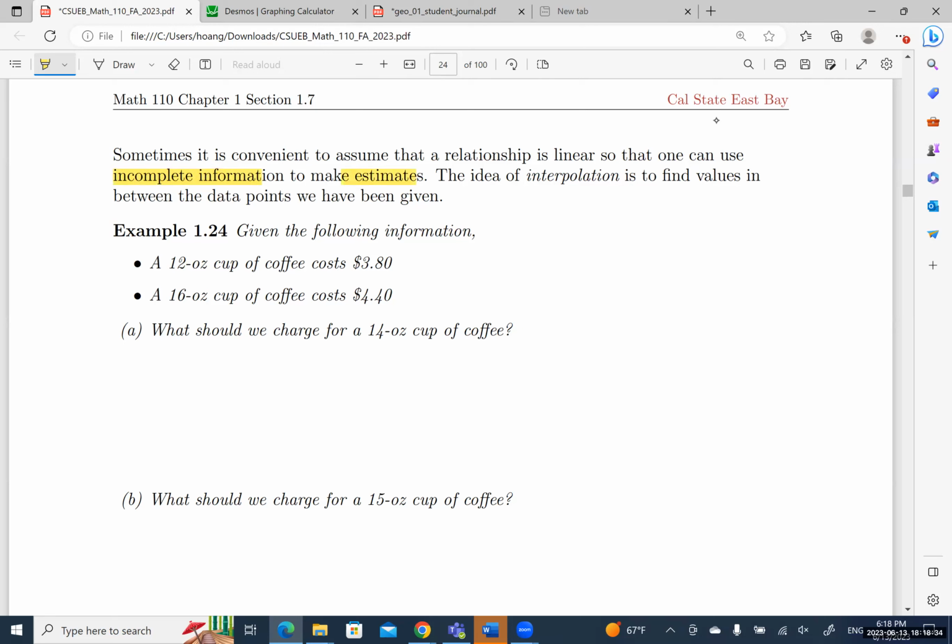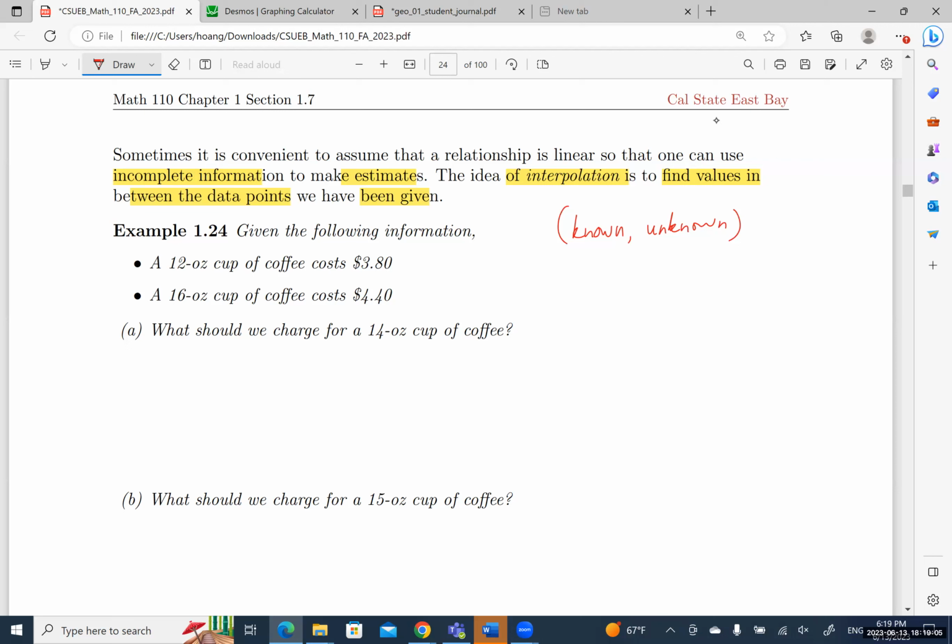The idea of interpolation is to find the value in between the data points we have been given. So we want to have some things informed as known and unknown, in ordered pairs: known, comma, unknown.